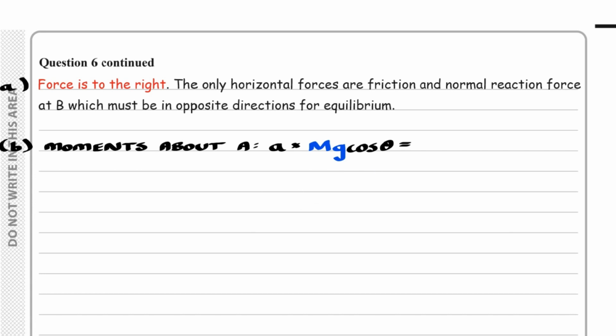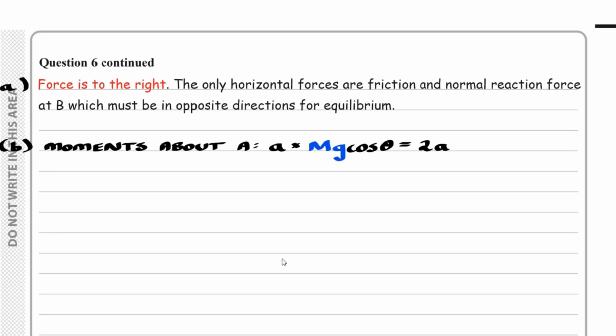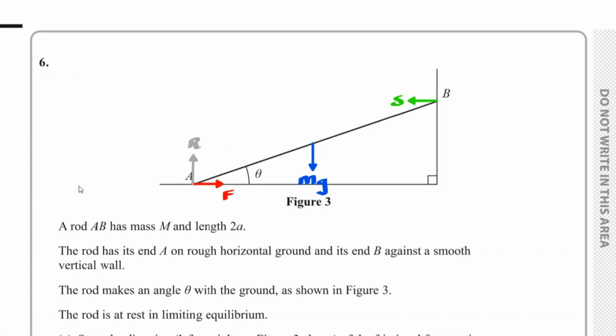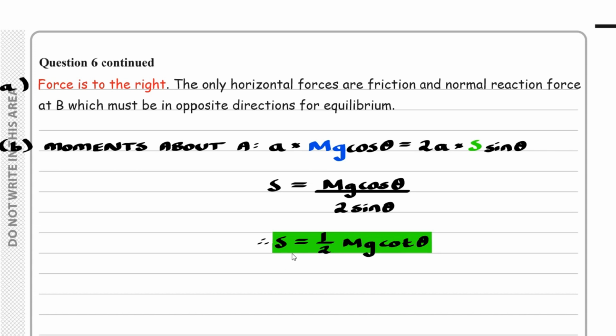And anti-clockwise, we've got this length 2a, and we multiply this by the force of S sine theta. Noticing that the a's cancel on both sides, we can therefore say that S is equal to mg cos theta over 2 sine theta. So therefore S is equal to 1/2 mg cot theta. Cos theta over sine theta is cot theta.